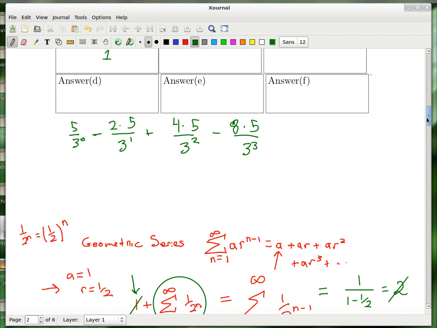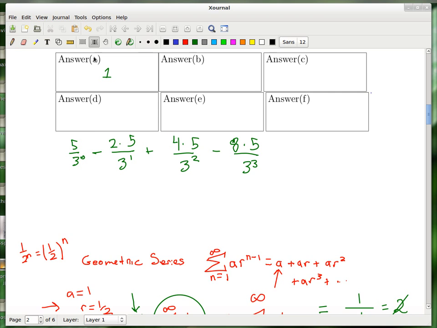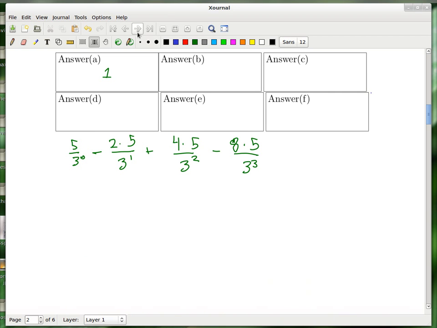Okay, so what's the general form? What's the rule that's making these things? It seems like I've got 2 to some power times 5 on top, right? It's going plus minus, minus plus, I mean, so plus minus plus minus. That means there's probably negative 1 involved there somewhere.